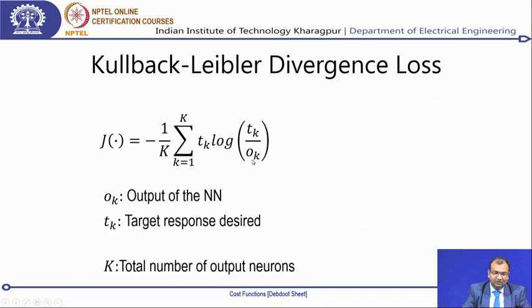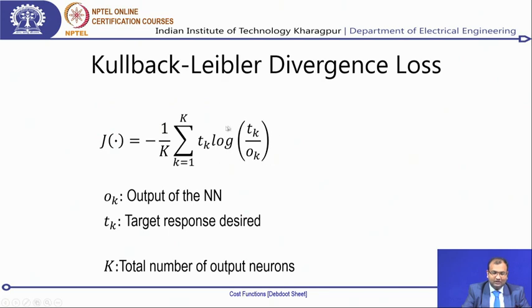And here, one thing which is generally mandated is that OK and TK also need to be in the range of 0 to 1. It is not strictly imposed by this equation, but since Kullback-Leibler divergence is information theoretic, we would prefer to treat OK and TK as probabilities, in the range of 0 to 1. So, this typically goes into that form.